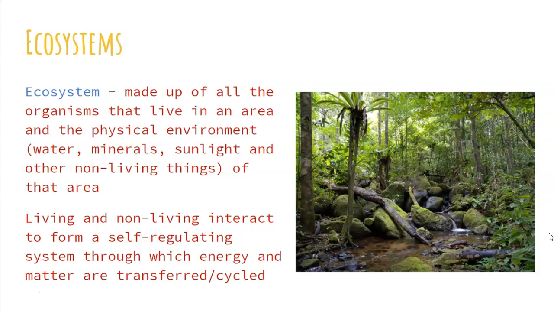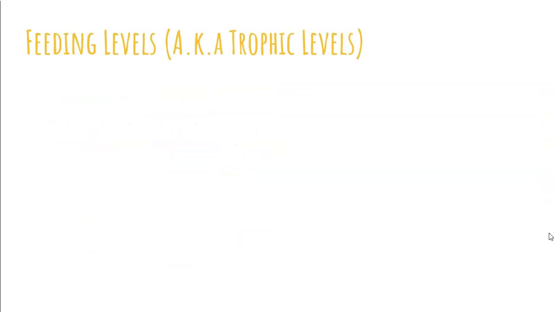But matter such as carbons, oxygens, water, minerals such as nitrates and phosphates, and organic materials such as when animals decompose, that's all cycled. Think The Lion King, the circle of life, right? The lion eats the antelope, the antelope eats the grass. When the lion dies, the soil is fertilized by the decomposing of the animal, and the antelope eats the grass. That is what we talk about as the cycling of matter.